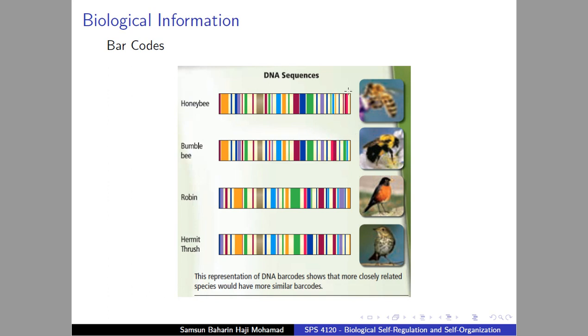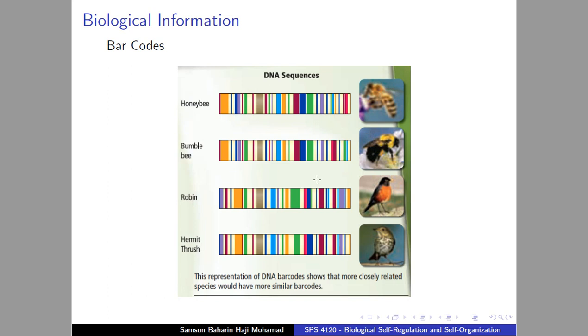This region is different, so we can produce the honeybee if this message information here is of this type, and we can produce the bumblebee if the region or the messenger or the information here is different. So by changing this information, we can produce the honeybee or the bumblebee.